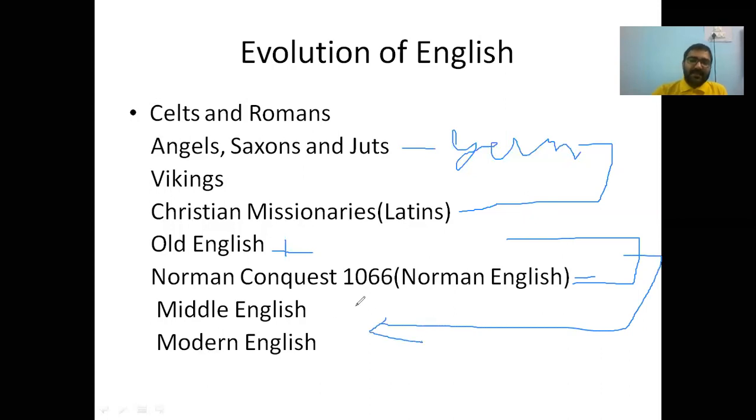Then this Middle English, from Chaucer, from Shakespeare, through the Romantic age and the Victorian age, with this evolution made the modern language. So I tried to explain how this English language we use evolved.